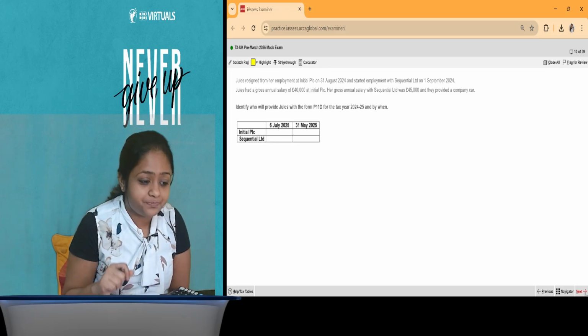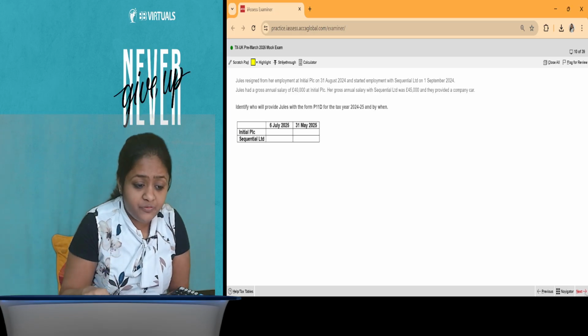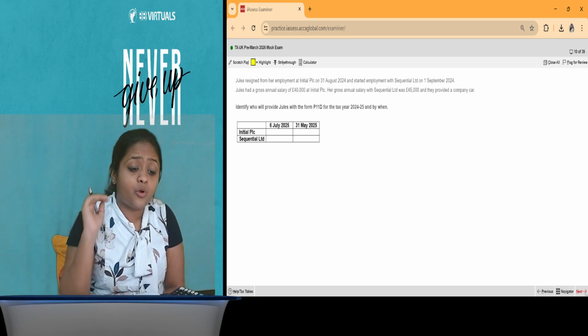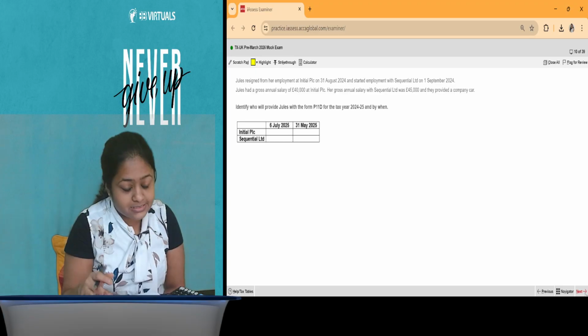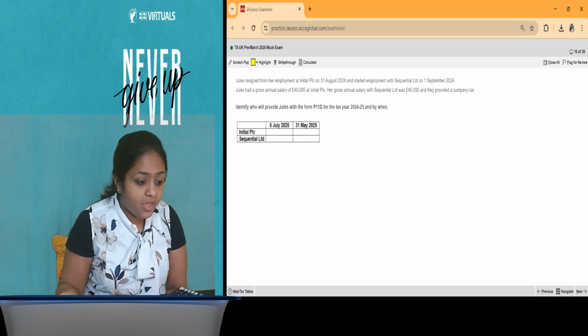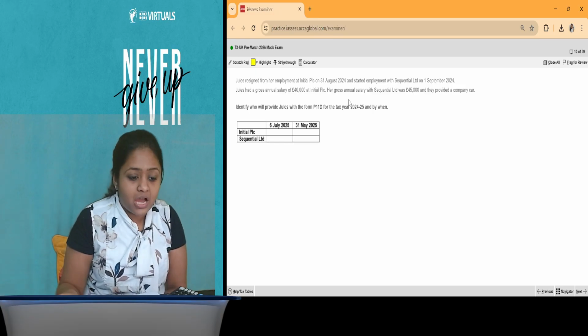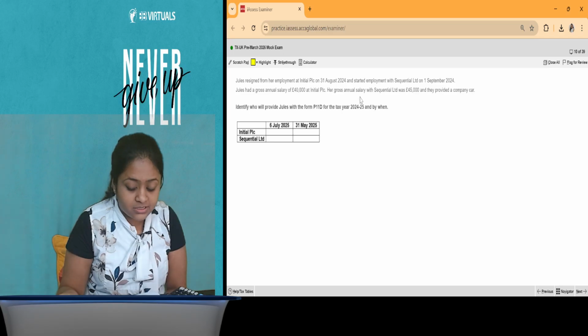Jules resigned from her employment at initial entity on 31st August 24 and started employment with sequential entity on the very next day, that is the 1st September 24. Now, Jules had a gross annual salary of 40,000 with initial company. Her gross annual salary with sequential company was 45,000.